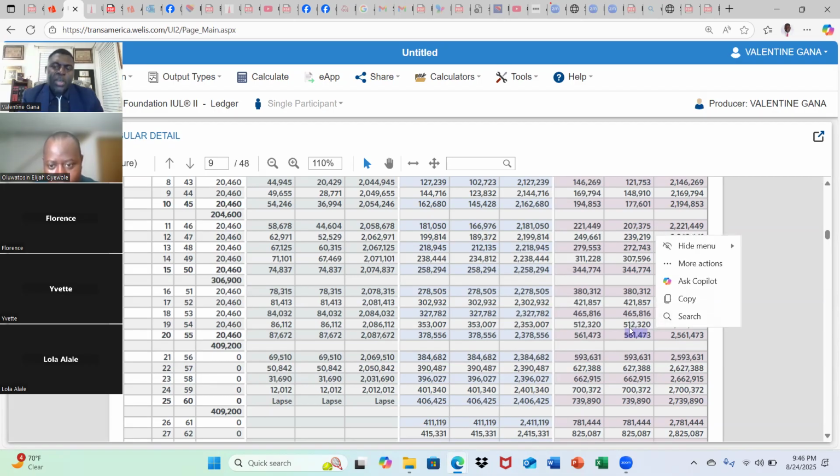So at this stage, your cash value is growing from one year to another, about $50,000 growth. That's how you can continue and not pay your policy, because it's growing by about 2.5 times.